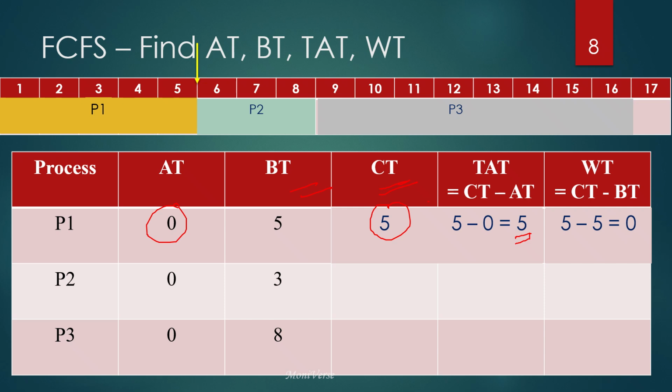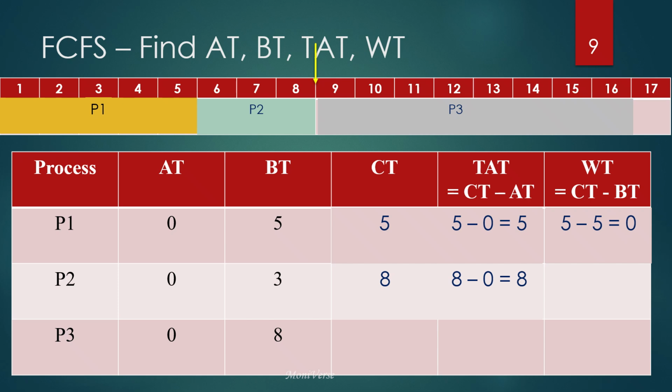The same way we are going to calculate for process P2. In P2, the completion time is 8. So turnaround time is 8 minus 0, which is again 8.